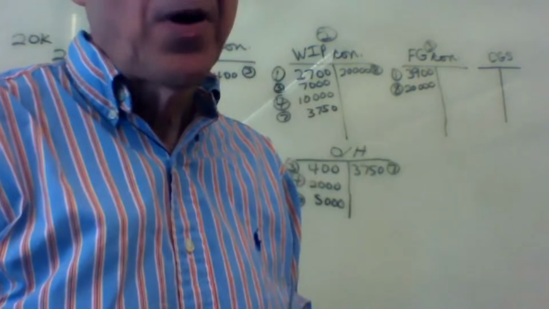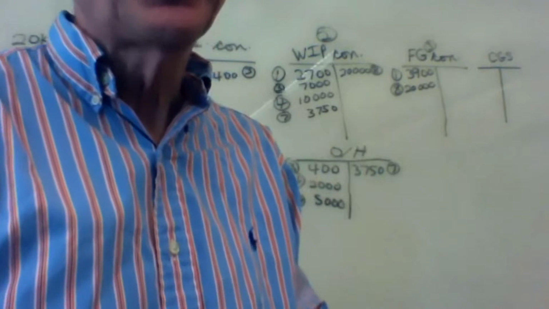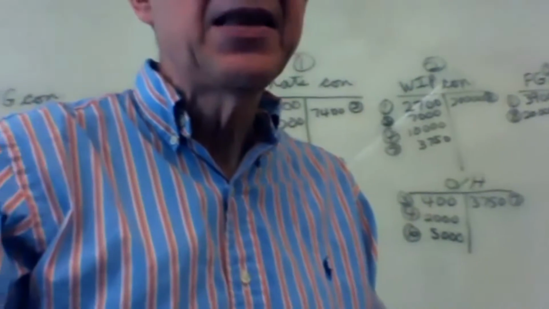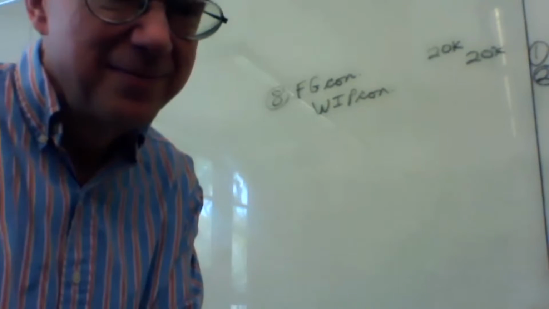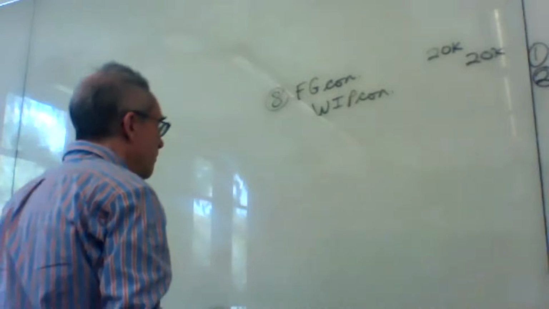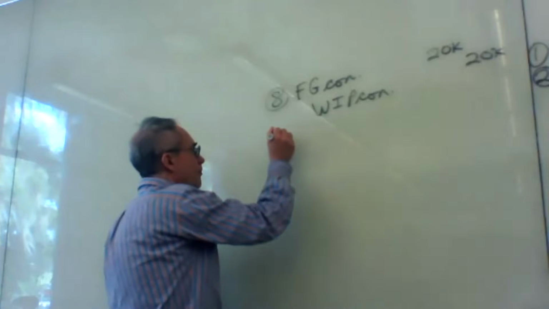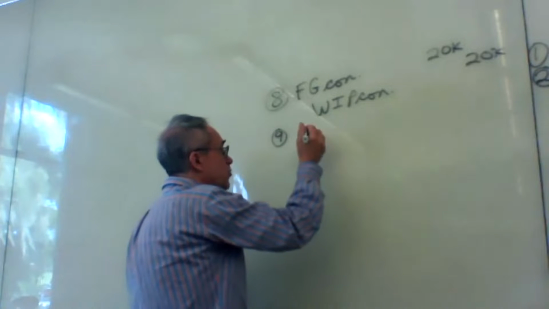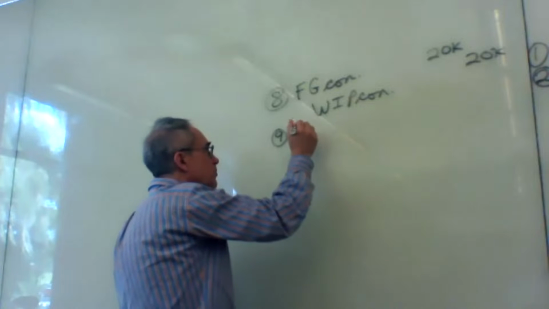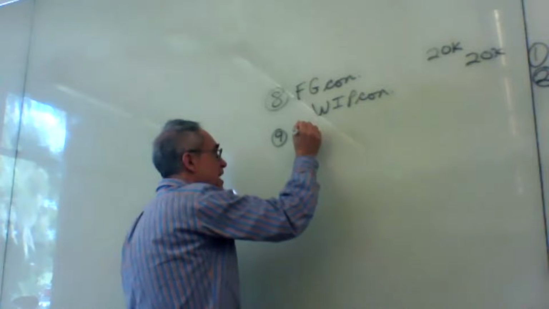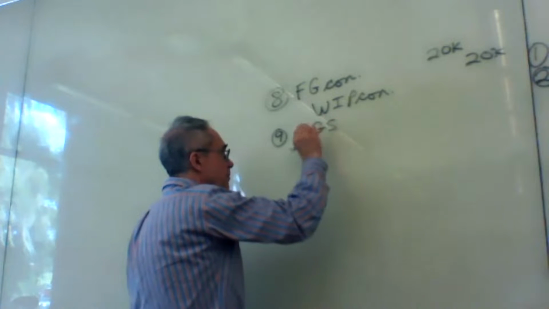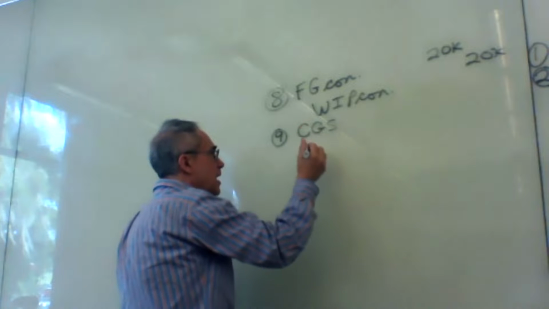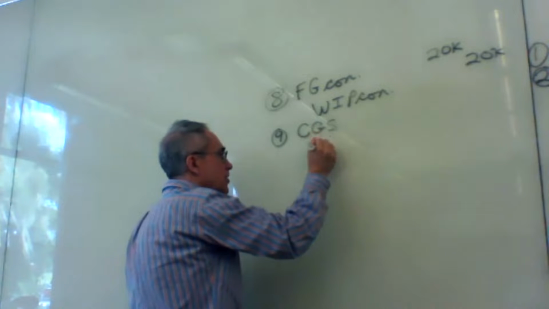Then finally, we've got journal entry number 9, where we sell $18,000 of finished goods. Journal entry number 9, again, out with the old, in with the new. This time it's in with the new cost of goods sold, and out finished goods.